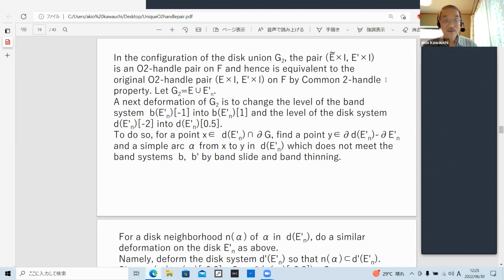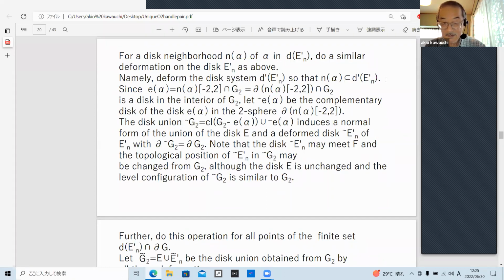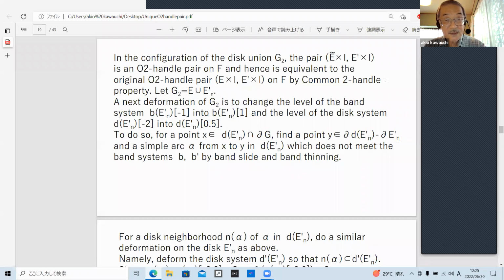So just consider this one as the original one. And the second is also very similar. In this case, E dash n is just deformed. Next, E dash n deformation is needed. In this case, D dash n and boundary G have an intersection.